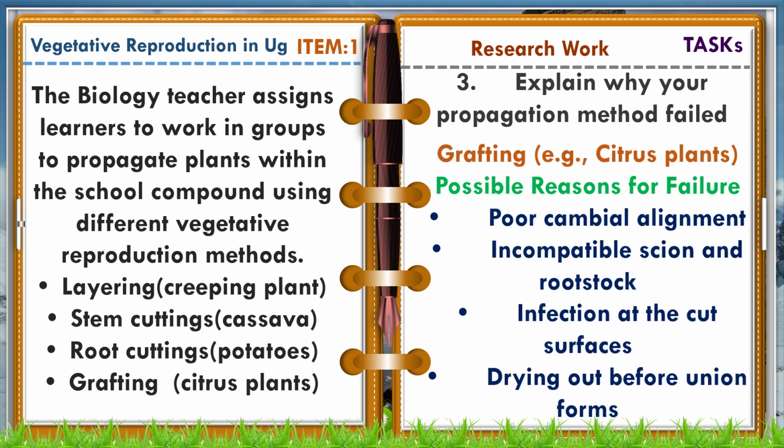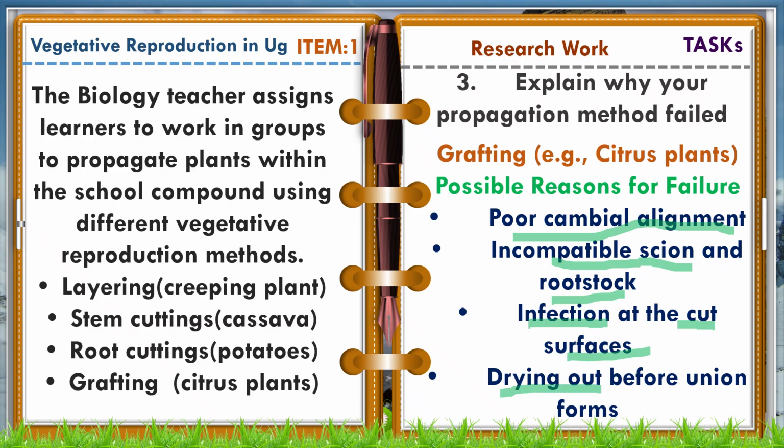We had also poor cambium alignment. There was incompatible scion and rootstock. There was infection at the cut surface.